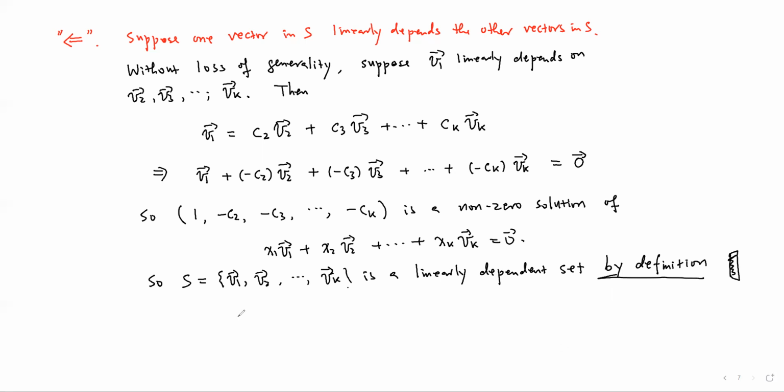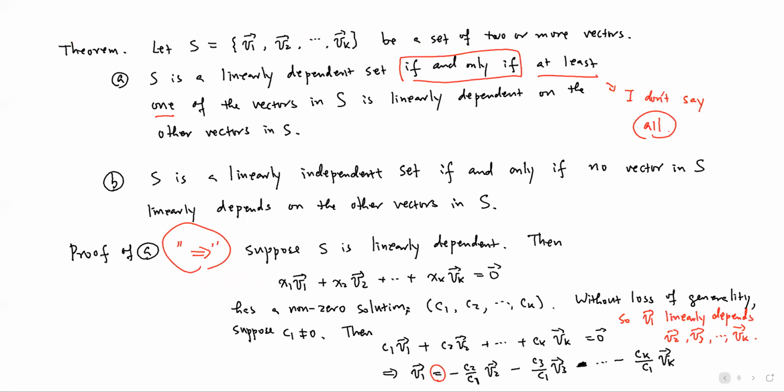So this theorem provides us some insight about dependent sets and independent sets. A set is dependent if and only if at least one vector depends on the other vectors.